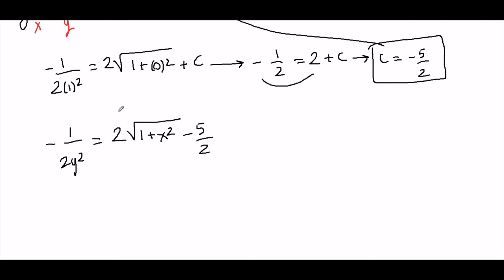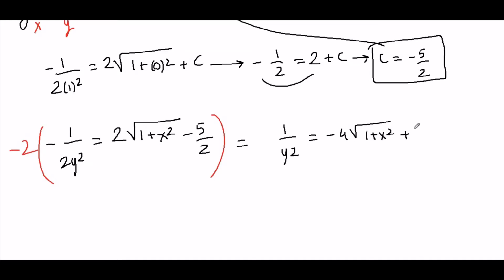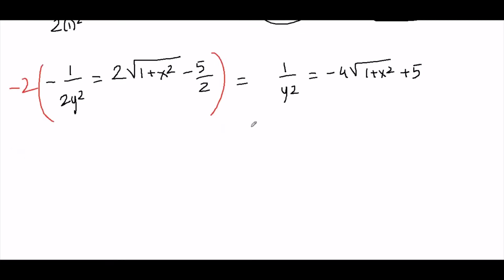Here we are going to solve for y to find the explicit solution. Our first step is to multiply the whole equation by -2. So we have 1 over y squared equals -4 times the square root of 1 plus x squared plus 5. Our next step is to invert the fractions.